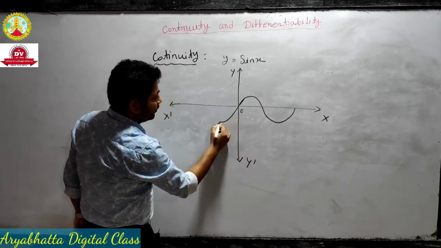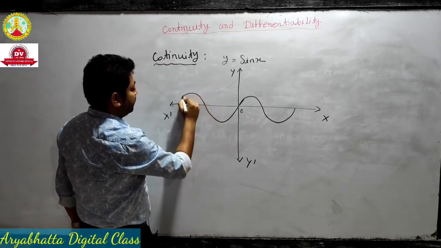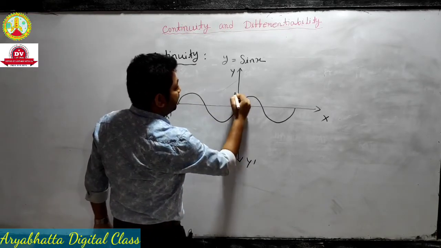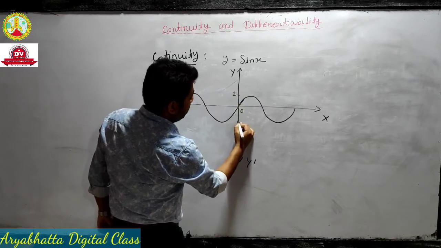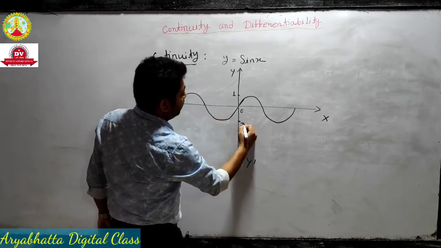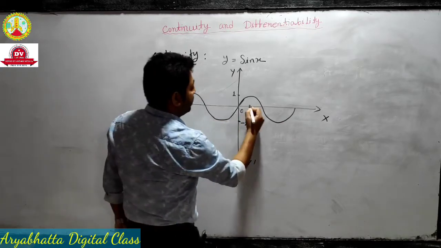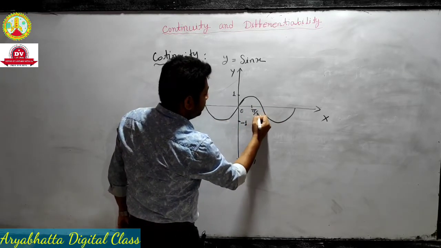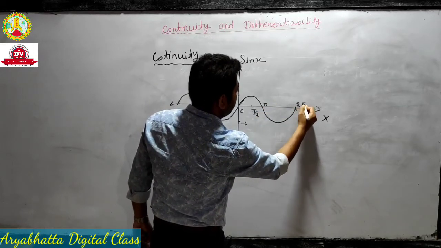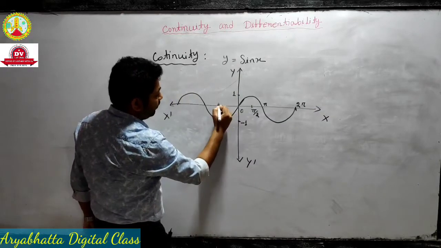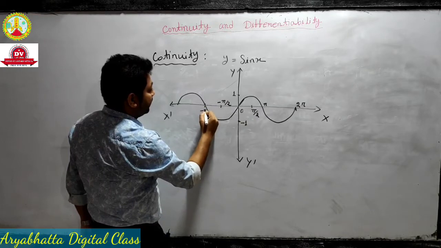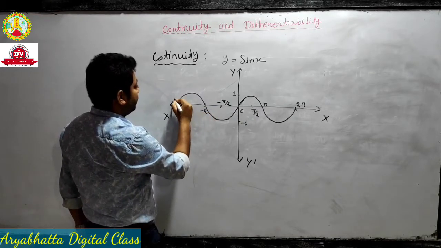The graph of the function f of x has this point 1 and this point minus 1, and pi by 2, pi, 2 pi, minus pi by 2, minus pi, minus 2 pi.